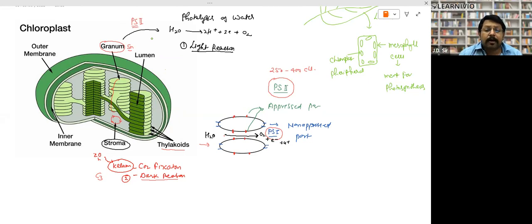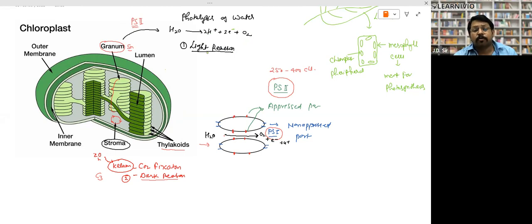What is photolysis? Photo means light, lysis means breakdown of the water molecule. So breakdown of a water molecule in the presence of light is called photolysis. In the granum membrane, when the water molecule breaks down, formation of 2 hydrogen ions, 2 electrons, and an oxygen molecule takes place.